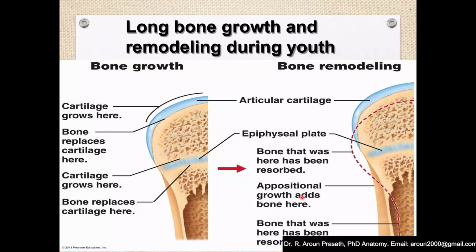The bone keeps growing at the epiphyseal plate in both directions, whereas remodeling is the appositional growth changes. This kind of appositional growth, that is thickening of the bone, takes place according to the bone's weight bearing line.